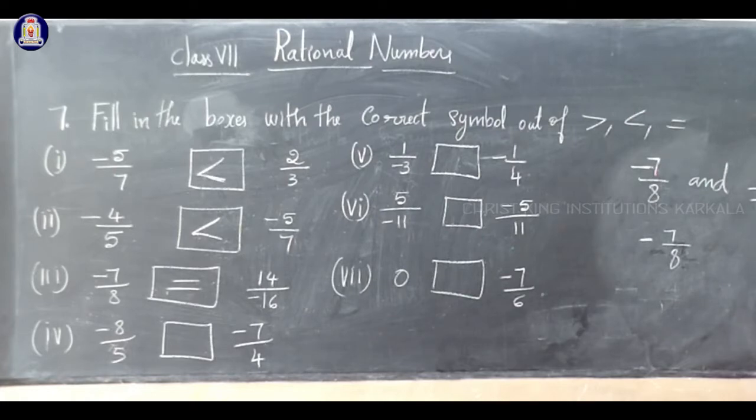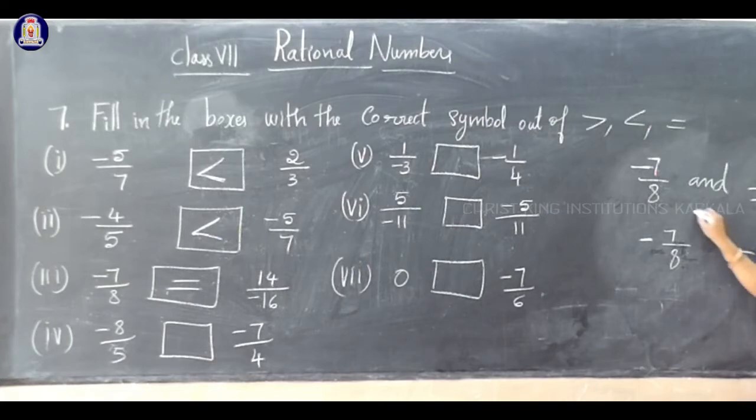So what you have to do? Just simplify. Divide by 2. 2 how much are 14? 2 7s are 14. 2 how much are 16? 2 8s are 16. So we get 7 by 8, and your sign is plus, minus, minus.